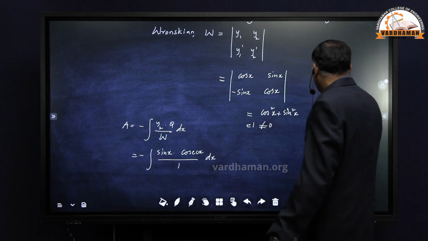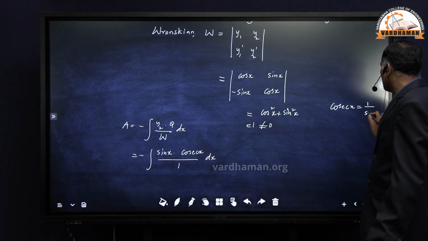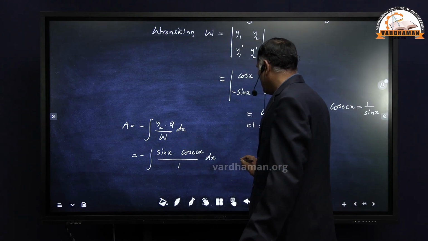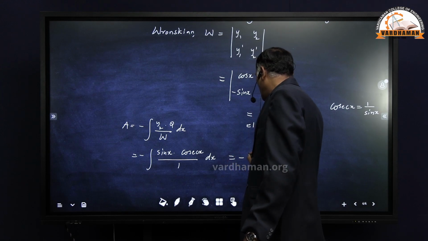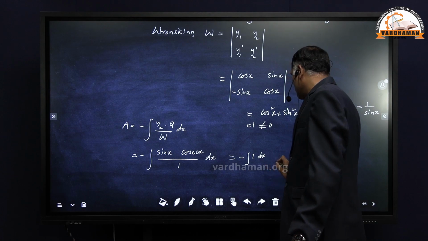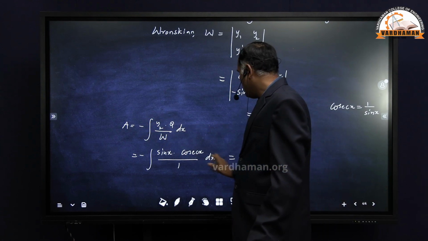Now cosecant x is nothing but 1 by sin x, so sin x can be cancelled here. You will get simply minus integral 1 dx. This is nothing but minus x. A is nothing but minus x.